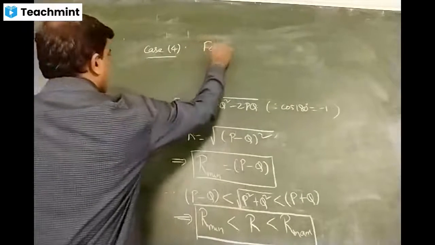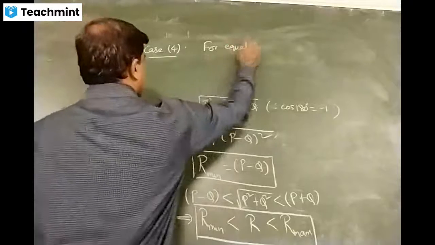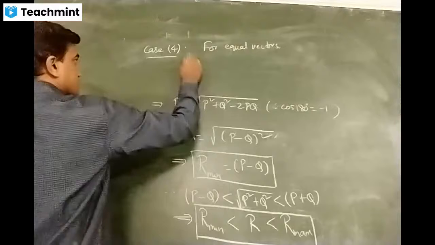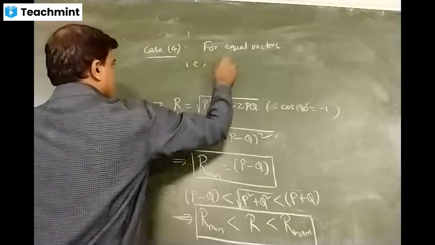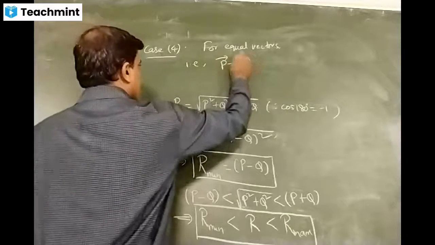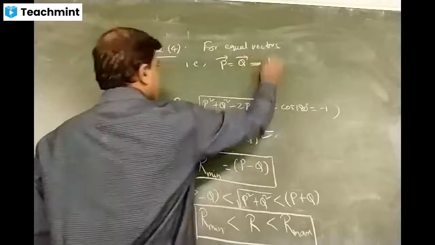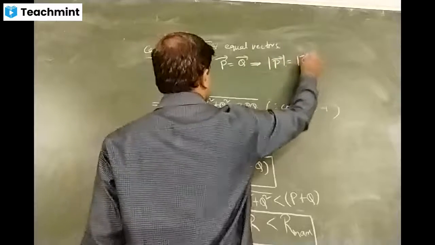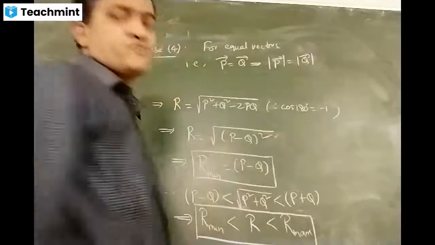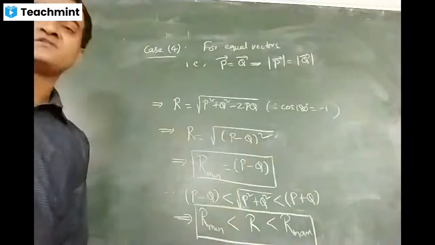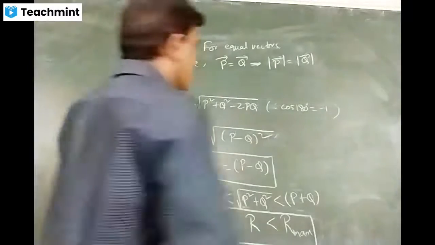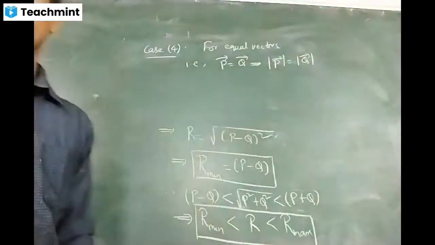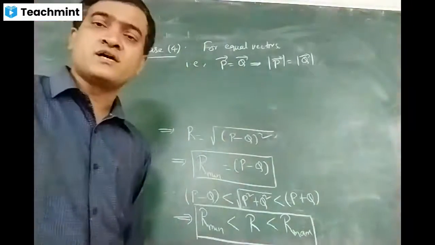For equal vectors, that is P bar is equal to Q bar, which implies modulus of P bar is equal to modulus of Q bar, that is, magnitude of vector P is equal to magnitude of vector Q, and both are in the same direction.